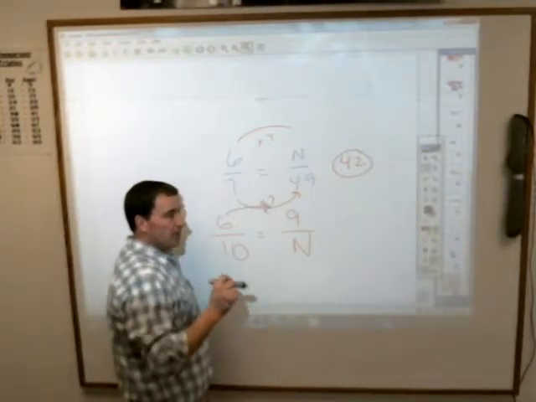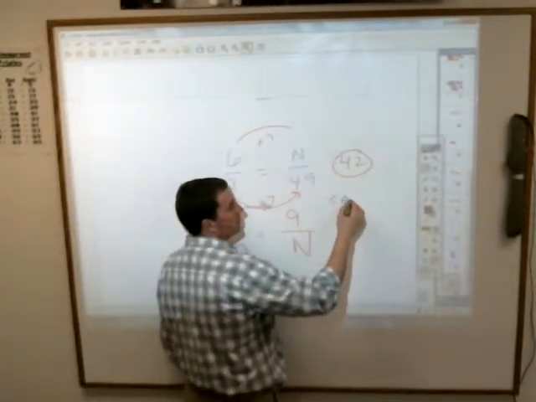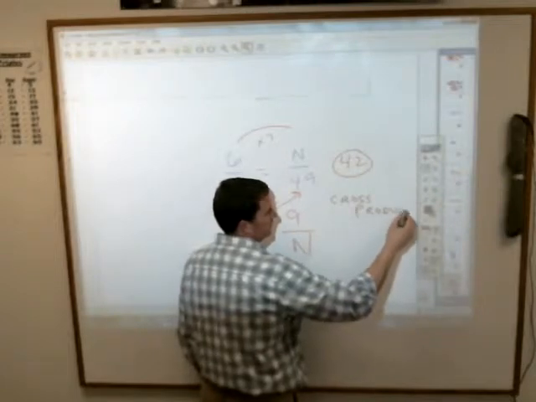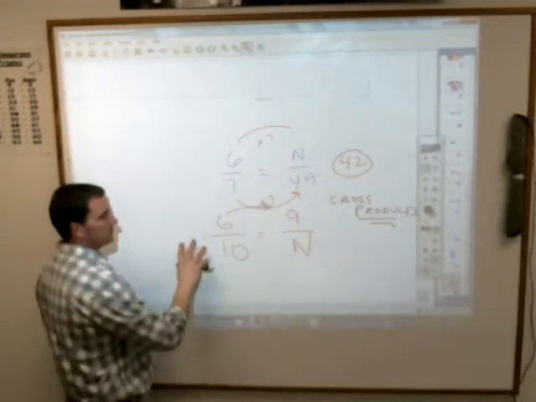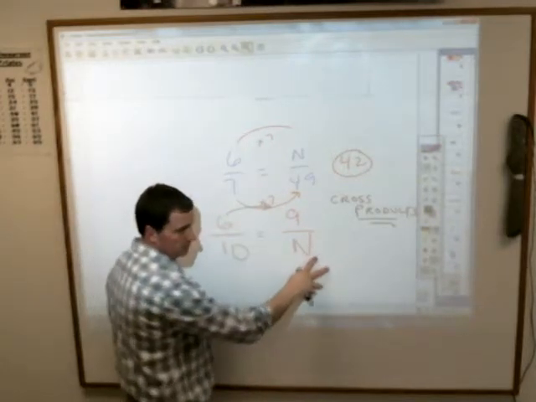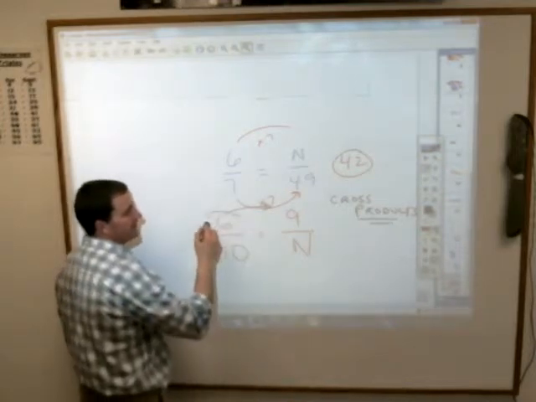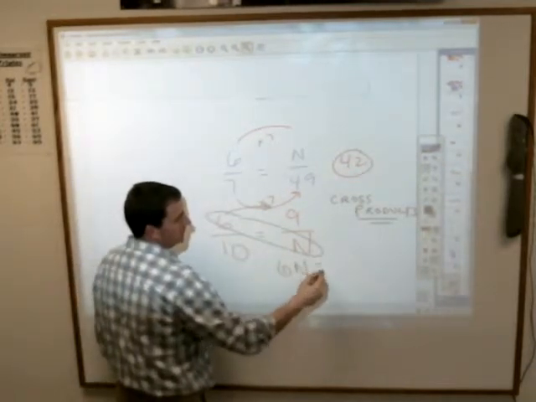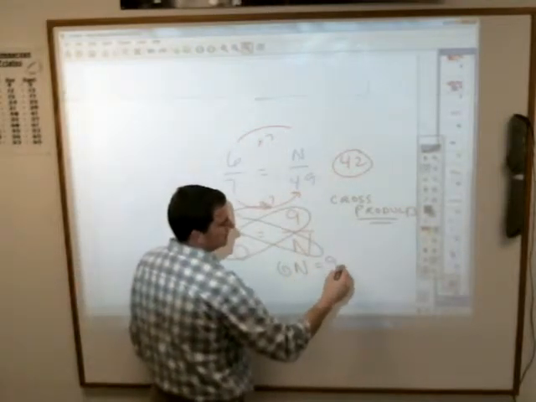When that comes up, today's little lesson talks about how you need to use cross products, which means this. When you come across a problem that you can't figure out, you can always multiply the diagonals. 6 times what number is going to give you 9 times 10?